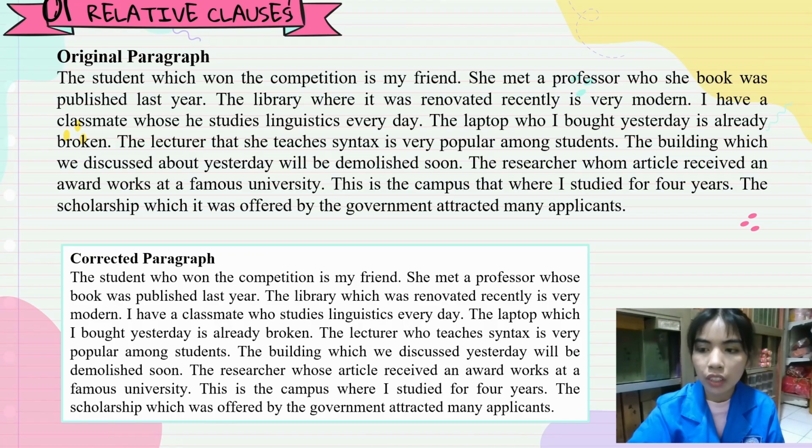After identifying all the errors, I corrected each sentence based on the grammar rules of English relative clauses.